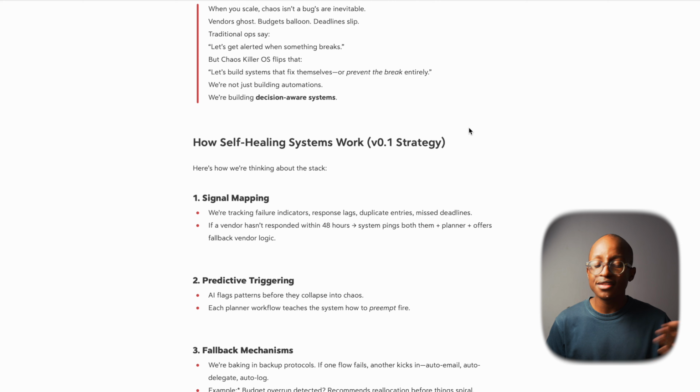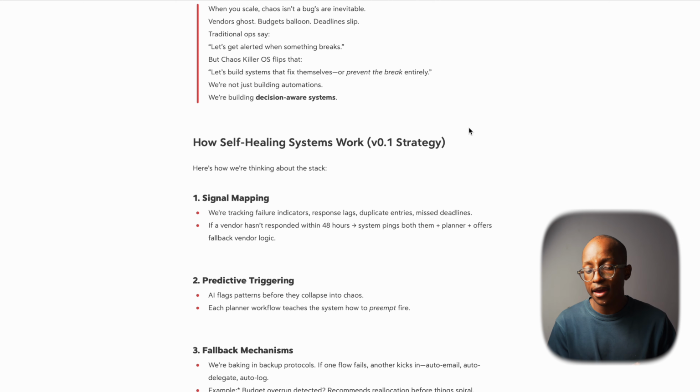But anyways, we also have an example of how we think about this: budget overruns detected, then we can recommend reallocation before things spiral. We need to understand the business from the root core.